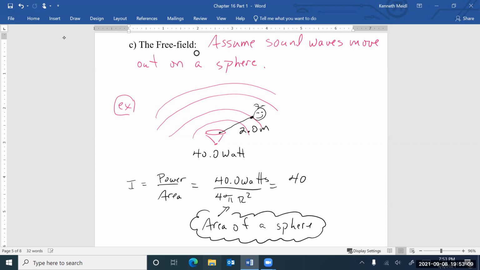So if I've got 40 watts, I've got 4 pi, and I'm 2 meters away, so 2 gets squared. This is going to tell you the intensity, where this is going to fall on the scale. So I'm going to try 40 divided by 4 divided by pi divided by another 4.